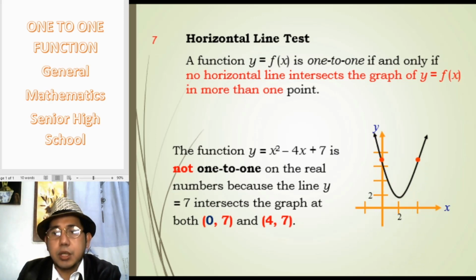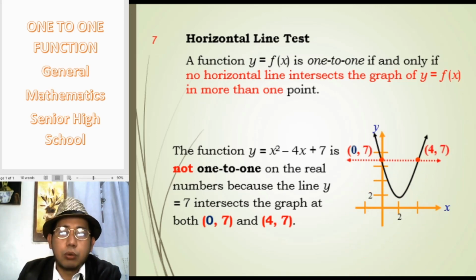Because as you can see, when we consider the horizontal line test, our horizontal line will intersect the graph at more than 1 point. That is the reason why this is not a one-to-one function, but it is a quadratic function.